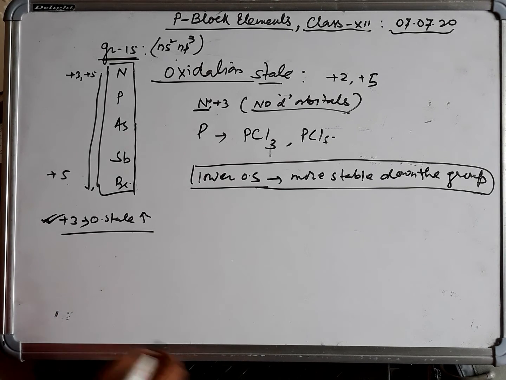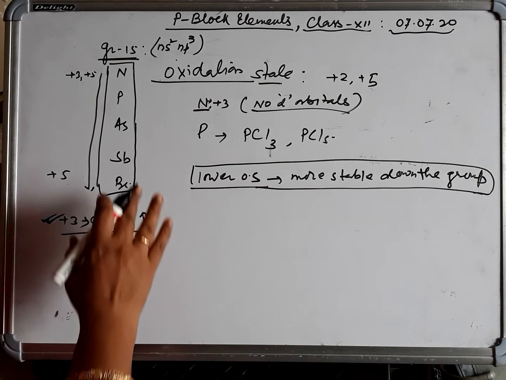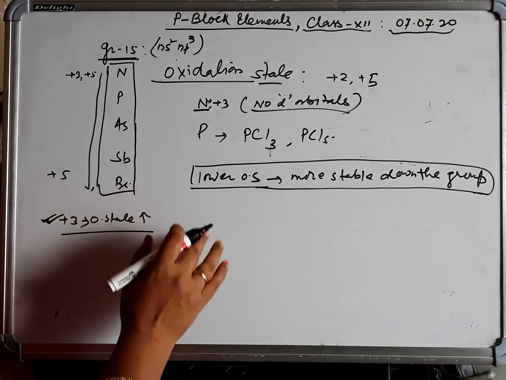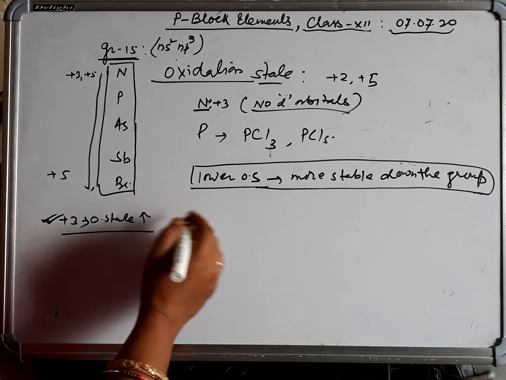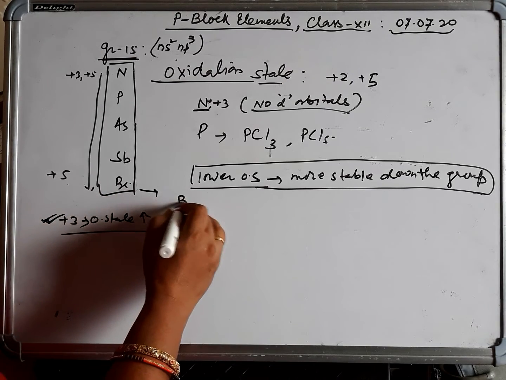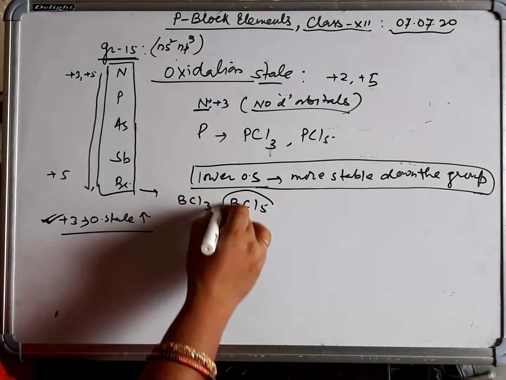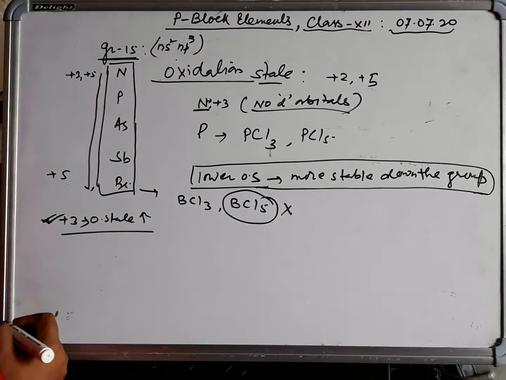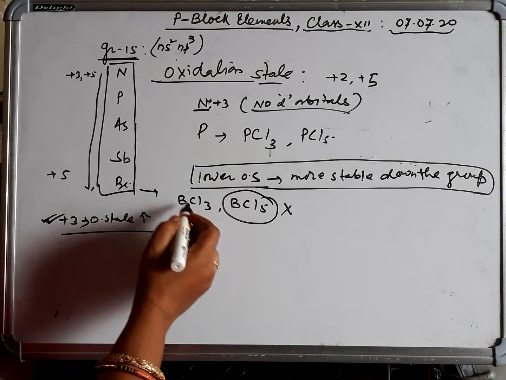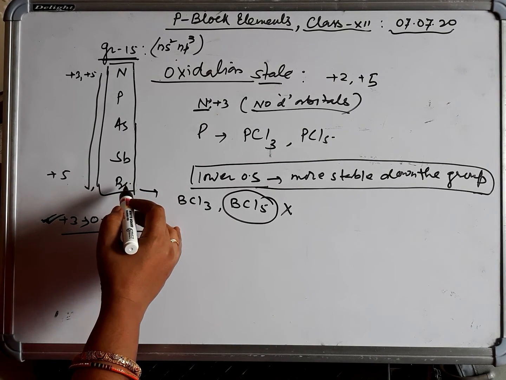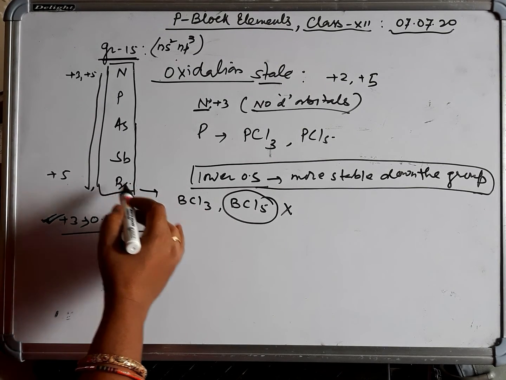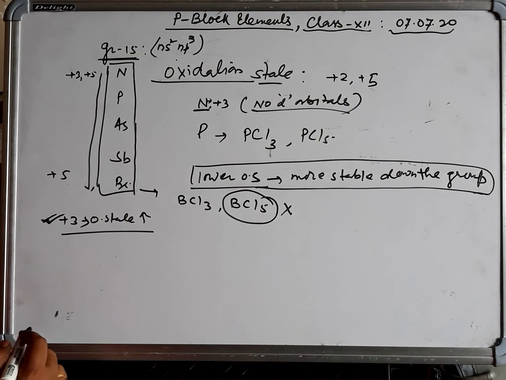In bismuth, due to very large nuclear charge, the inert pair effect is maximum. So BCl3 can exist, not BCl5. Suppose two compounds form, BCl3 and BCl5, the BCl5 will not be stable due to the high inert pair effect or large nuclear charge.